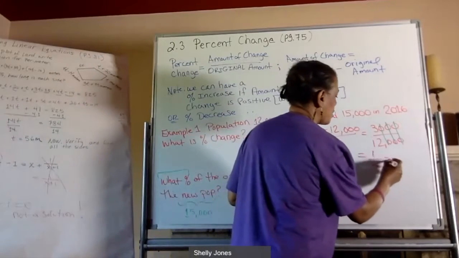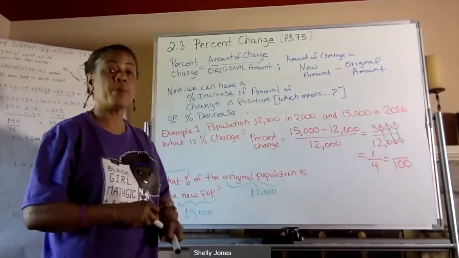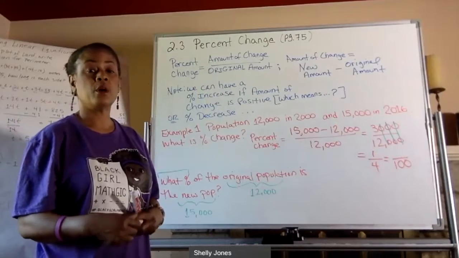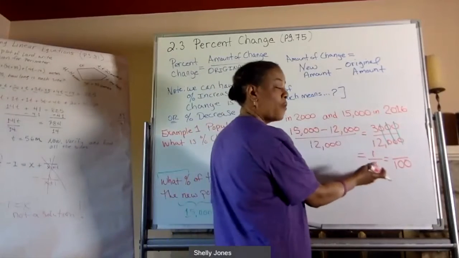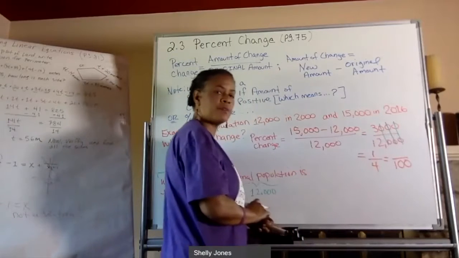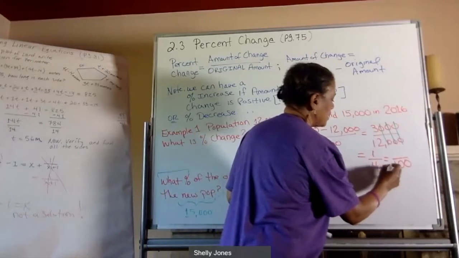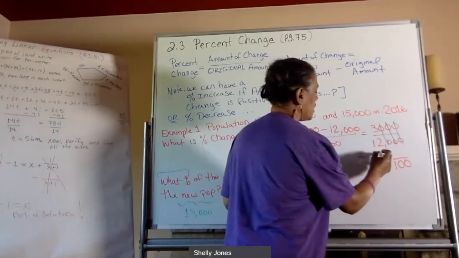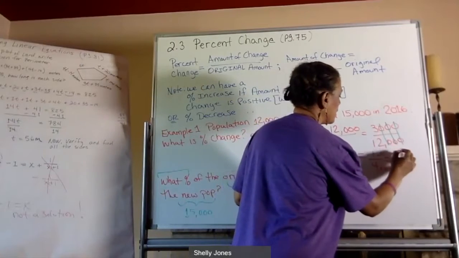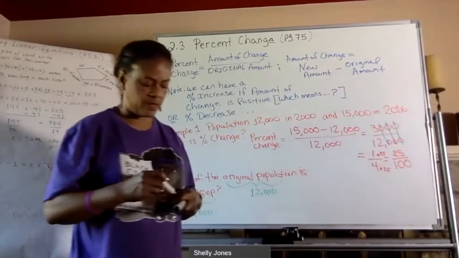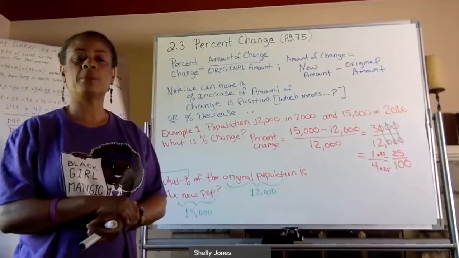But if you weren't sure about that, remember, we want to know our percent change. A percent is always out of 100. So I could say 1 out of 4 is the same as how much out of 100. 4 times 25 gives me 100, so 1 times 25 gives me 25. I'm multiplying the numerator and denominator by the same number, which is 25, and in essence, I'm multiplying by 1.